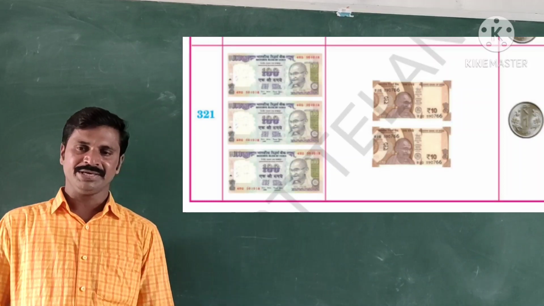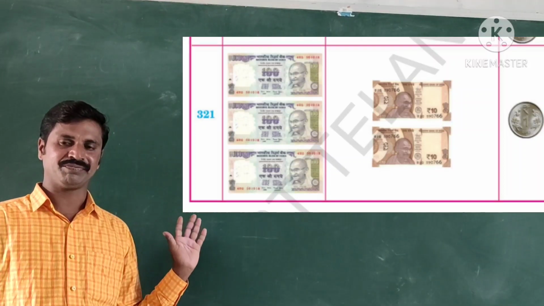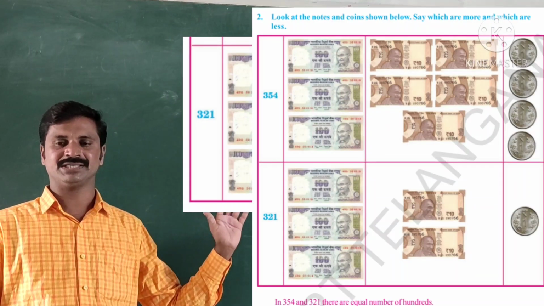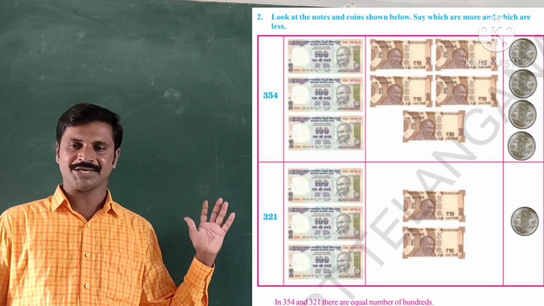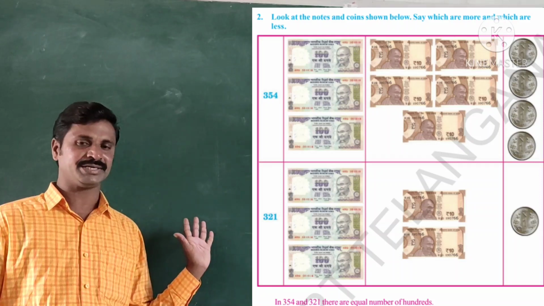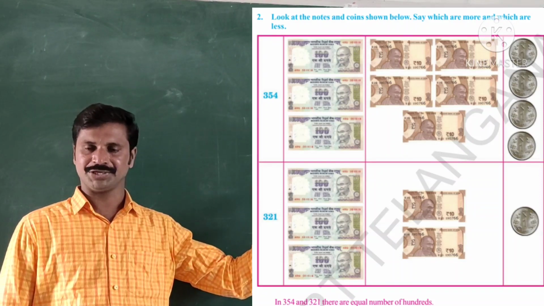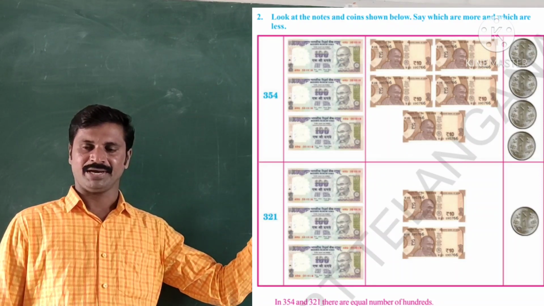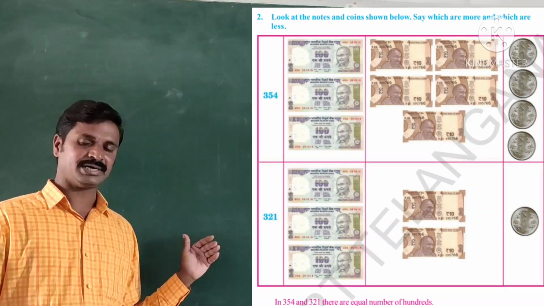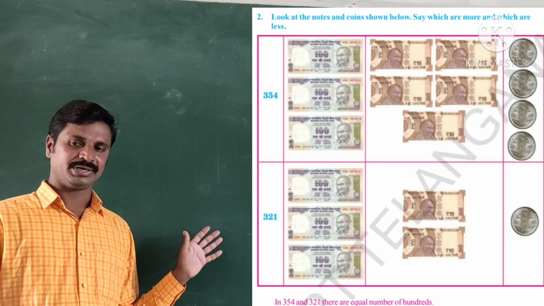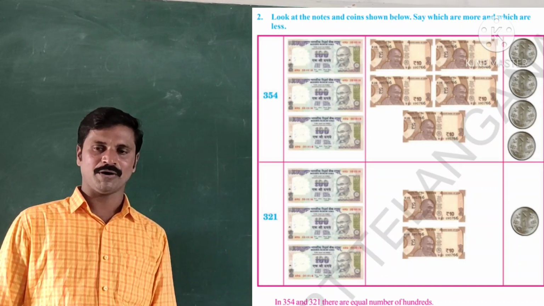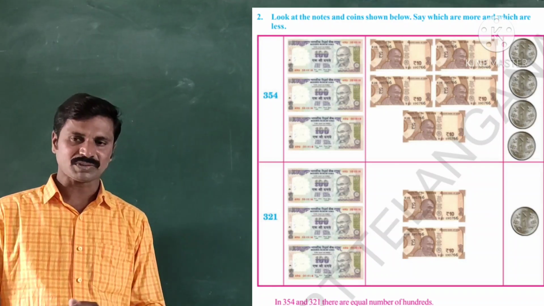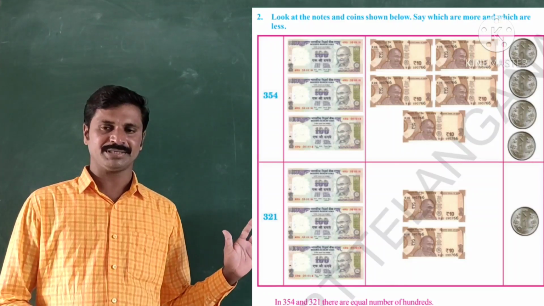Okay children. Here 354 is the amount and there 321 is the amount. Hundreds are given here, and hundreds are given there also. Ones are given here, and ones are given there. Now which is the biggest number?